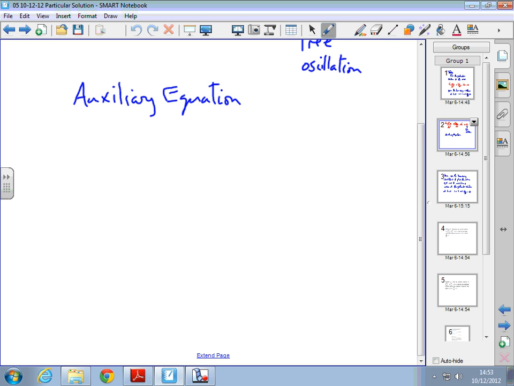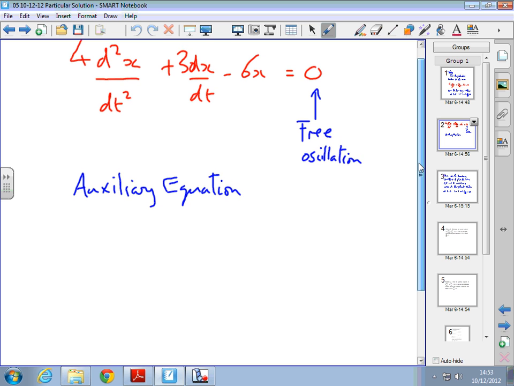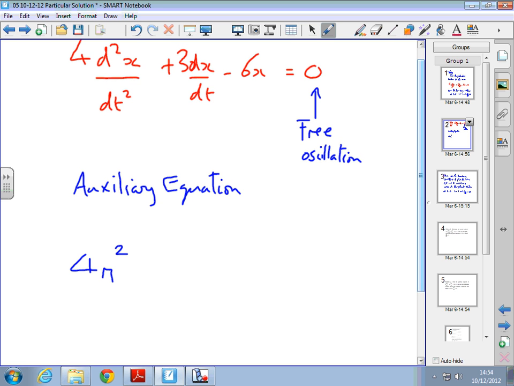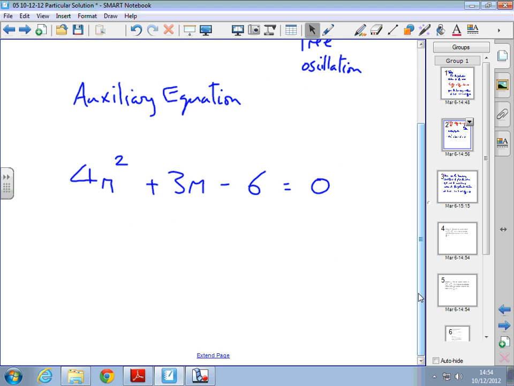It's a homogeneous differential equation. So what is the auxiliary equation going to be then, Liam? Brilliant. And now we can solve that quadratic equation. Somebody like to remind Nigel and Matt what the formula is for the quadratic? Thank you, Mark.